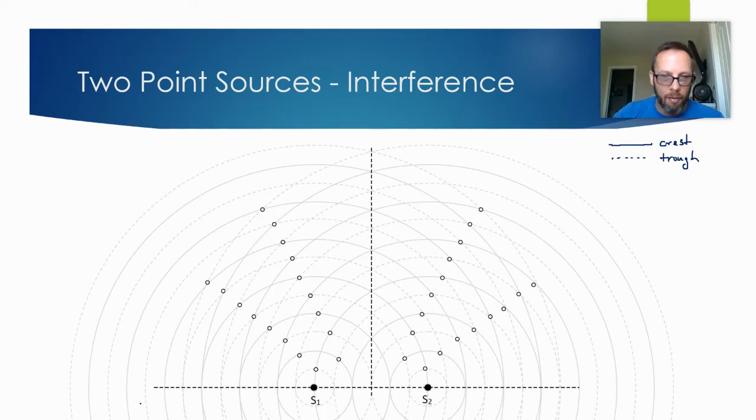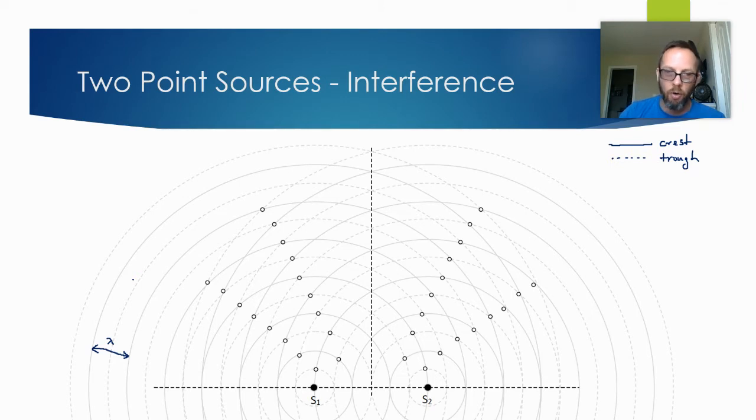A second thing, and I'm going to label this over here somewhere where I have room: the wavelength of these waves. Remember, wavelength can be measured crest to crest or trough to trough, or other ways too, but those are the easiest ways. So the wavelength would be the distance between two solid lines. Anywhere on the diagram, it's the same wavelength.